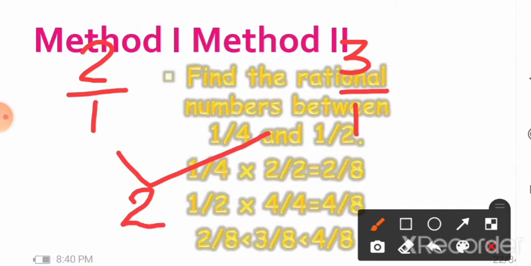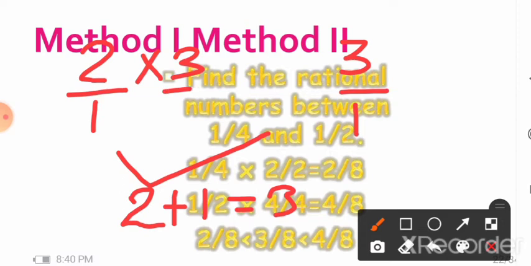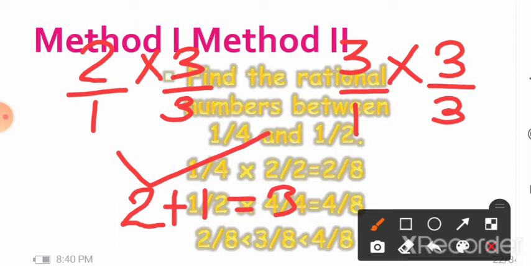If calculating two rational numbers, multiply the numerator and denominator by n plus 1, meaning 2 plus 1 is equal to 3. So multiply the numerator and denominator by 3, giving 3 upon 3. Similarly for the second number, multiply the numerator and denominator by 3.